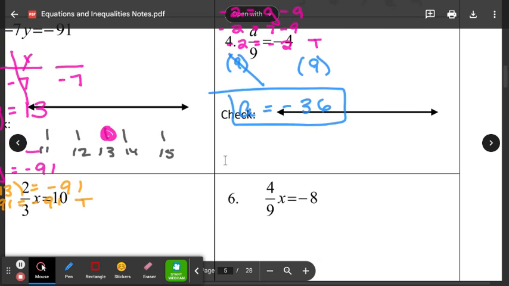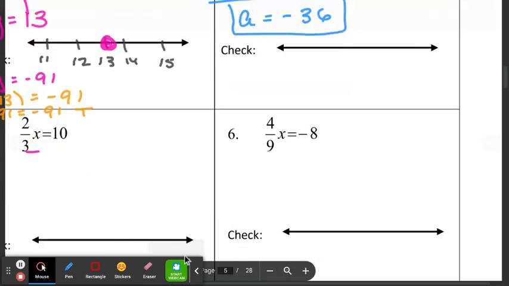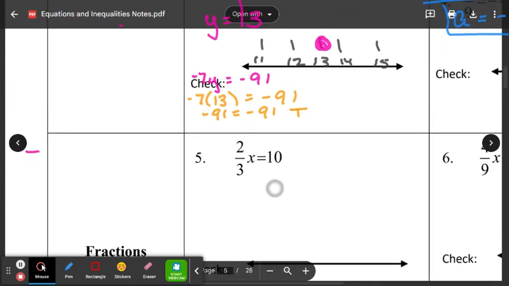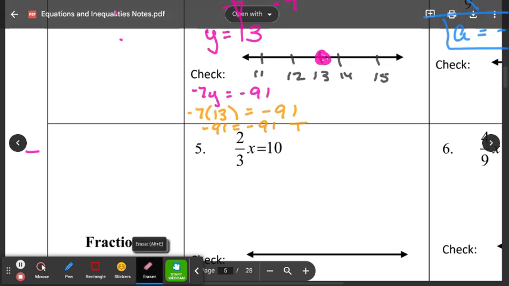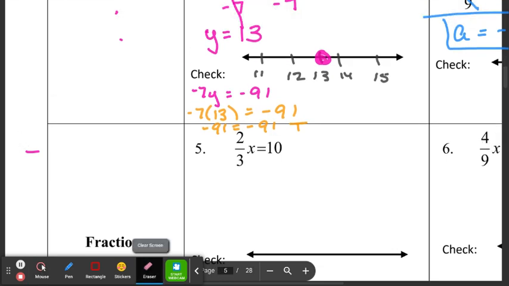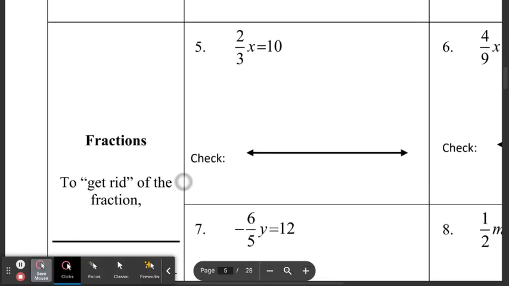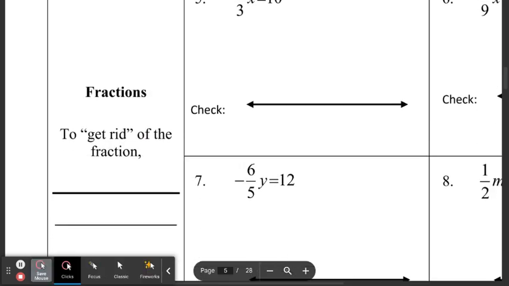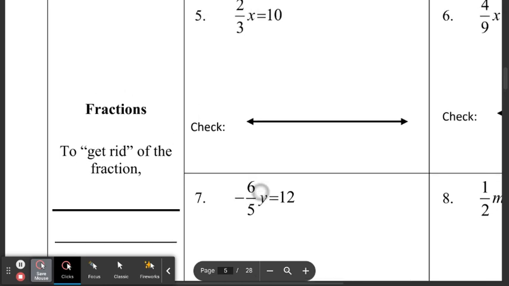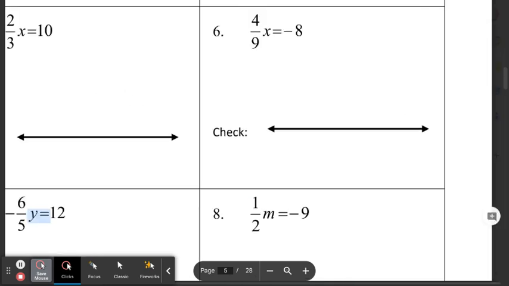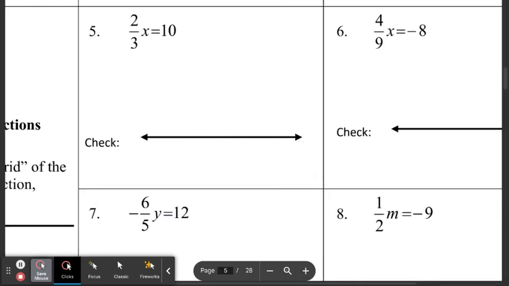So now we're going to move down to where there's a fraction. Clear all the mess out. Okay. So if we have a fraction in front of the letter, like for question number 5, it's 2/3 x right here. There's 2 different ways you can do this.